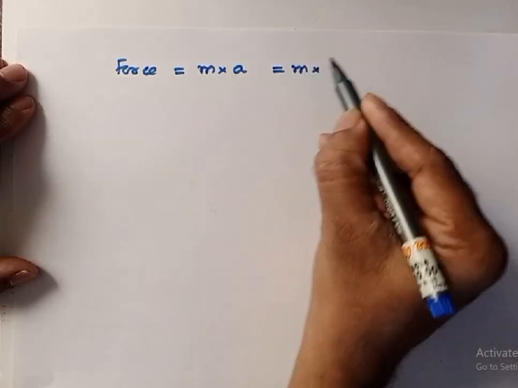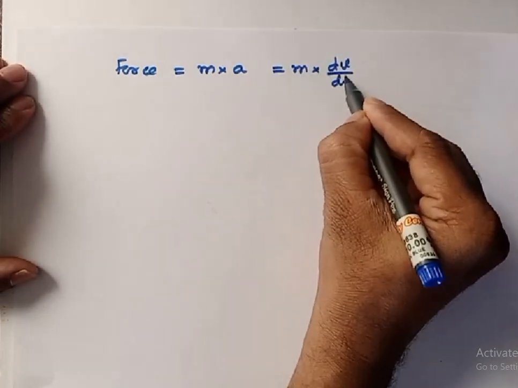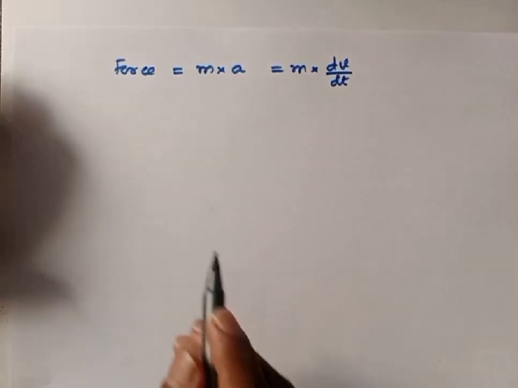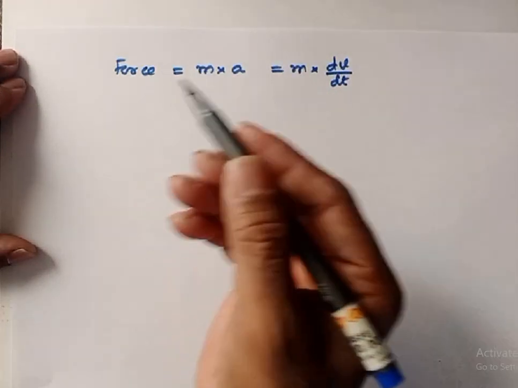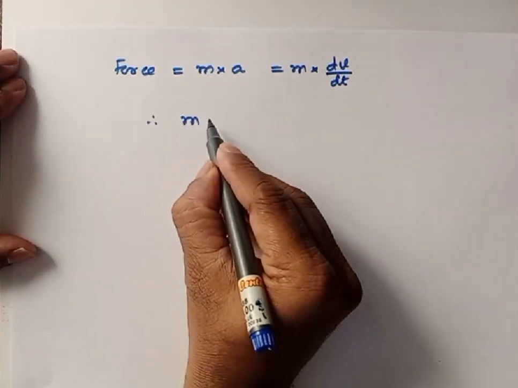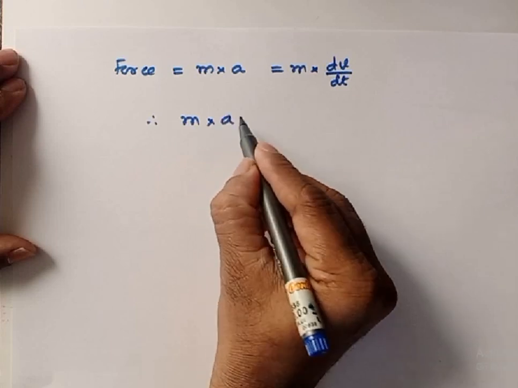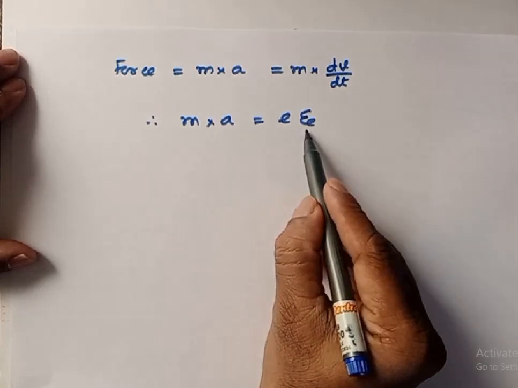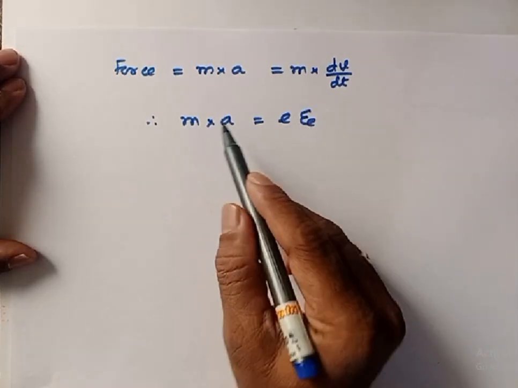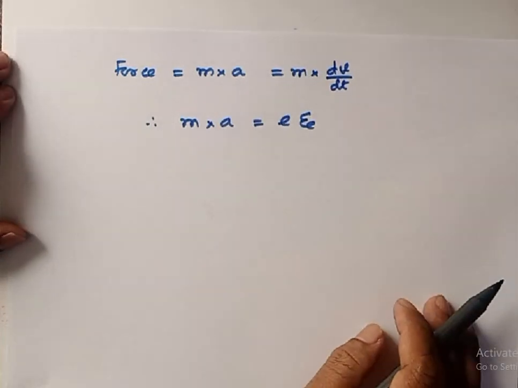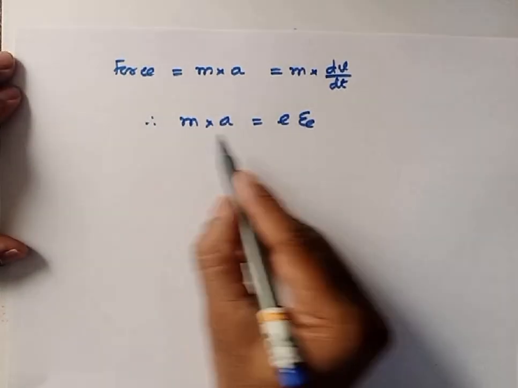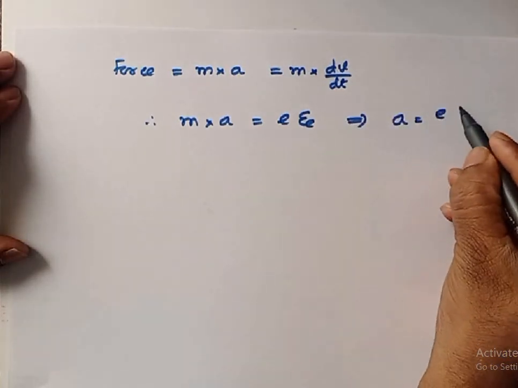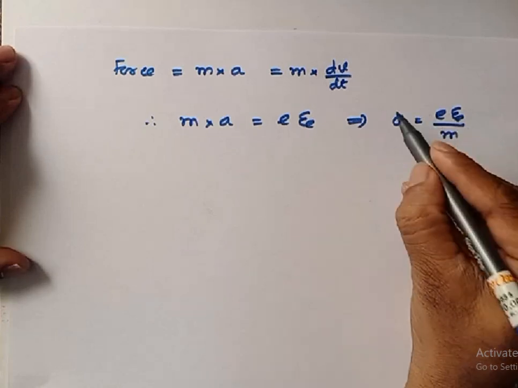We can write acceleration as dv by dt. This force and the electrical force are actually equal because we are assuming the particle as a classical particle. So m into a is equal to E into epsilon. From this we can say that acceleration is equal to E into electric field strength divided by the mass of the electron.